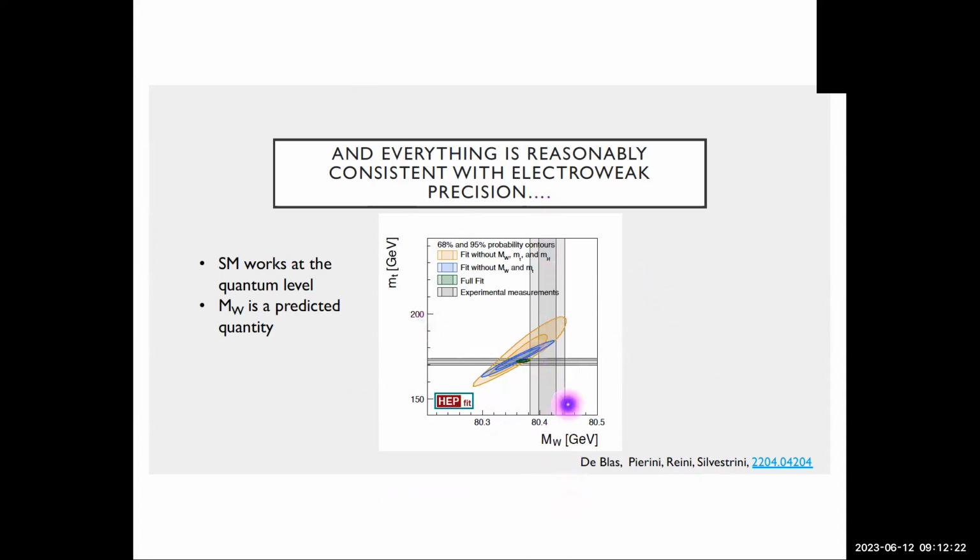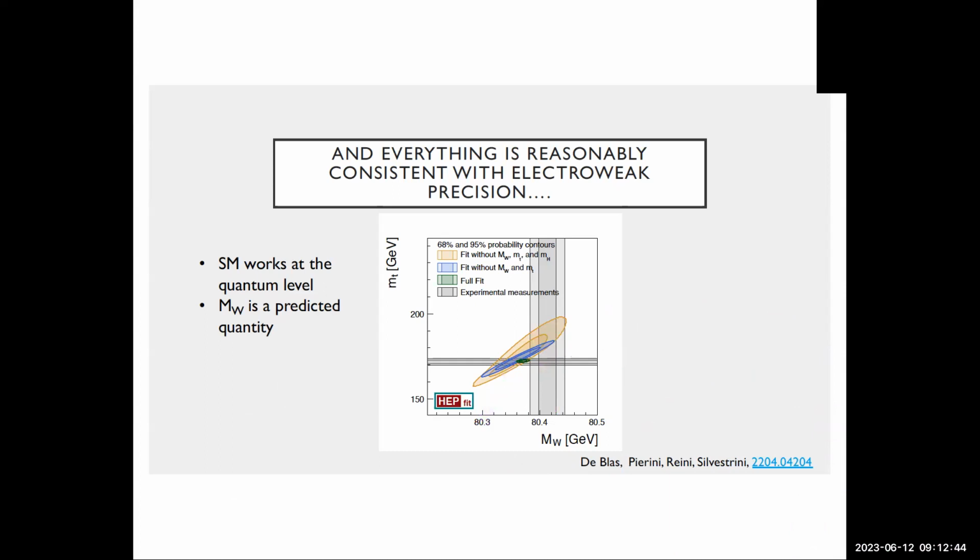Here's the measured value of the W mass, and here is the measured value of the top quark mass. For those of you who follow this, you know that for the W mass, there was a measurement from CDF which disagreed a lot with the previous measurements. So these people just averaged the new measurements with the old measurements, which doesn't actually change your conclusions too much.